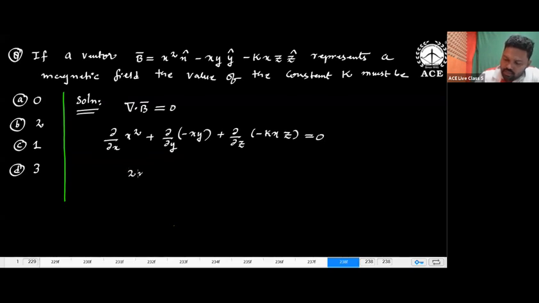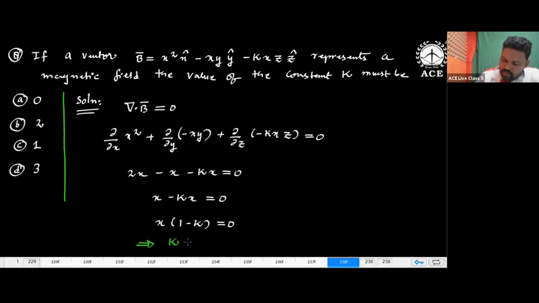So here it is 2x minus x minus kx is equal to 0. x minus kx is equal to 0. x into 1 minus k is equal to 0. So from here, k is equal to 1.